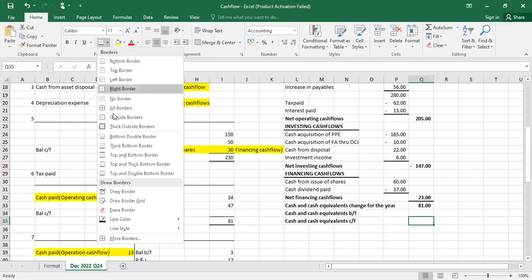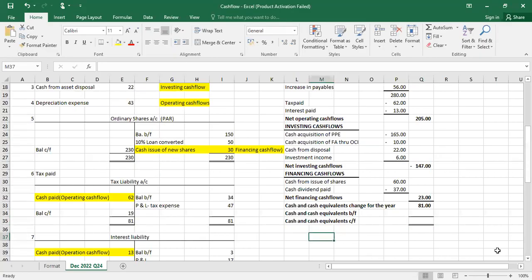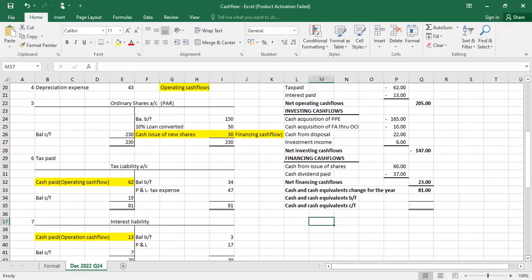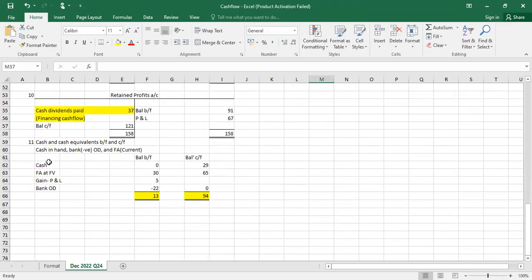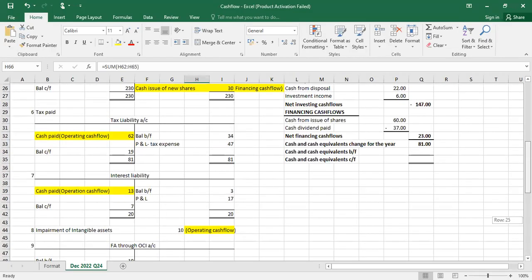The cash and cash equivalents brought forward and carried forward, we already have them, yeah? Remember, we have already computed that in this working number 11. When you look at working number 11, the brought forward is a total of this 13. The carried forward is this 94. So you'll check whether this reconciles.